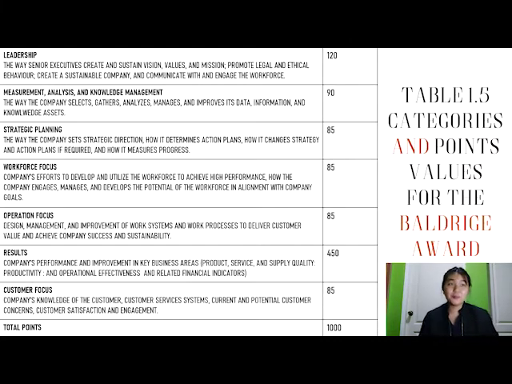Again, for 85 points is operation focus. It is how the organization designs, manages, and improves key processes. And for 450 points is results. It is how the organization performs in terms of customer satisfaction, finances, human resources, supplier and partner performance, operation, governance, and social responsibility, and how the organization compares to its competitors.